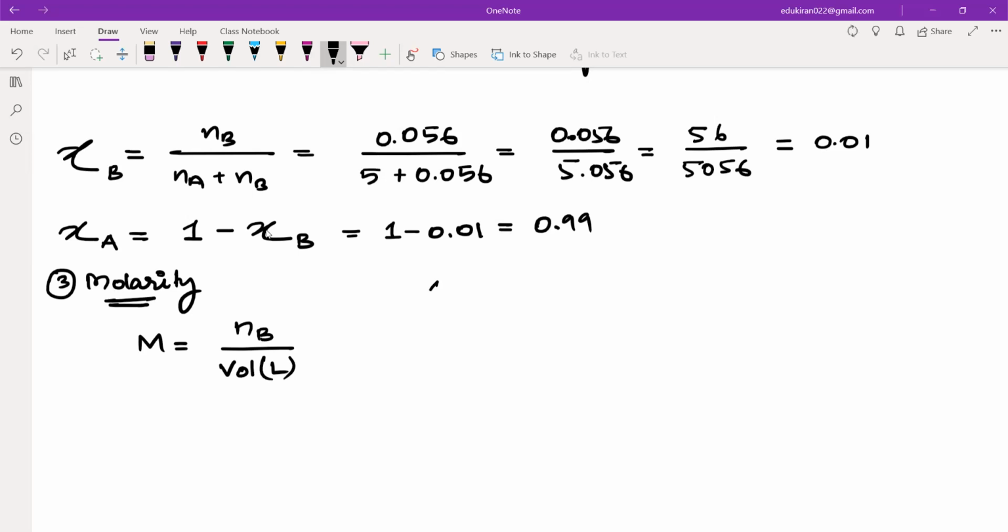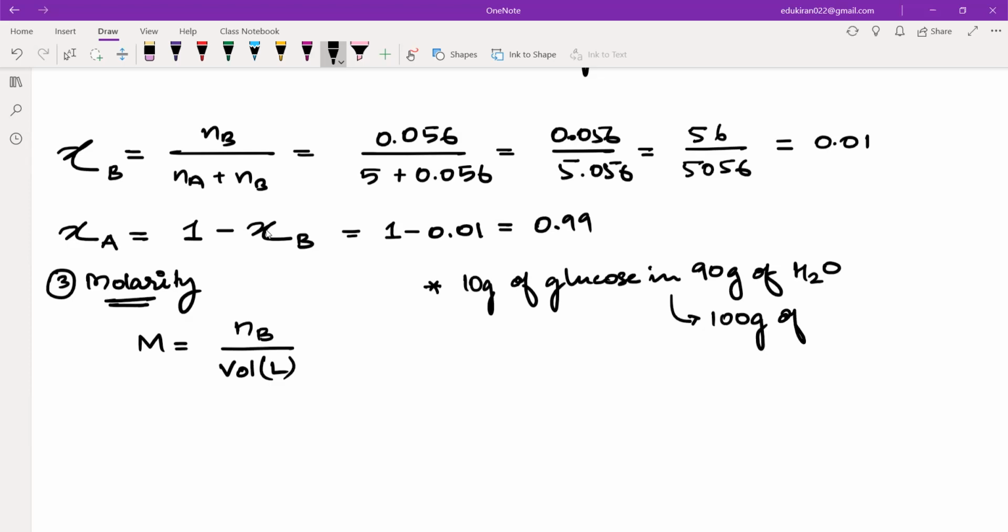Now, the only information that we have is 10 gram of glucose in 90 gram of H2O. That means I can also say 10 gram of glucose in 100 gram of solution.